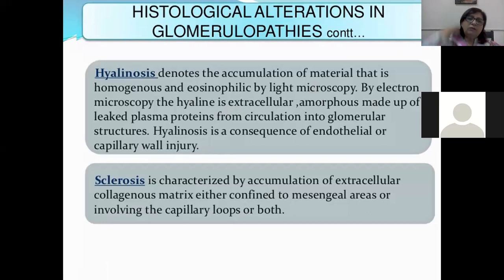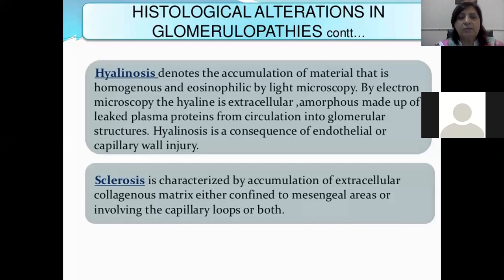So in the case of hyalinosis, we are going to see accumulation of material that is homogeneous and pinkish, or eosinophilic in color, by light microscopy. By electron microscopy, the hyaline material is amorphous, made up of leaked plasma protein from the circulation into the glomeruli. Hyalinosis is a consequence of endothelial or capillary wall injury, and in hyalinosis, the glomerular function is going to be lost.